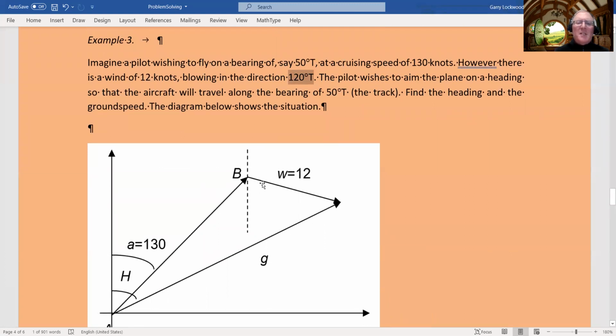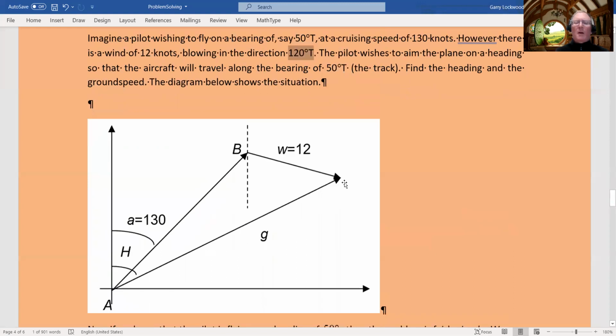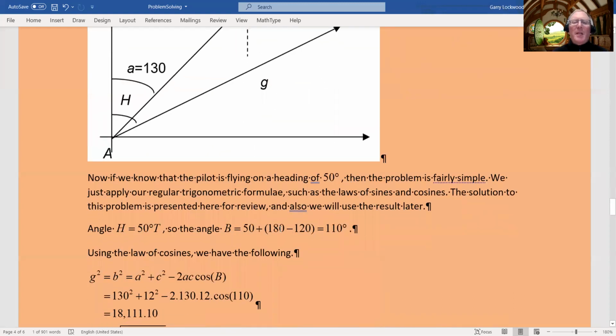That makes this 60. And this angle here is in fact the same as this heading H, which for the moment is 50 degrees. All right. So our angle B is 50 plus 180 minus 120. That's 110 degrees. And so that's bigger than 90. Our ground speed is going to be larger than our airspeed. And so the wind is actually accelerating the plane slightly.